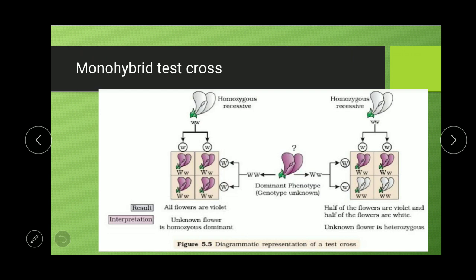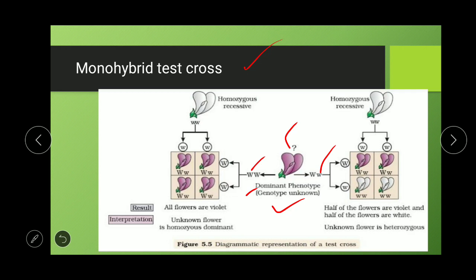Here you can see monohybrid test cross. You have a dominant character flower, so here the dominant phenotype, and you don't know the genotype, so genotype unknown. This is the violet flower, you can see. It can have two different genotypes, that can be capital W capital W, or capital W small w.